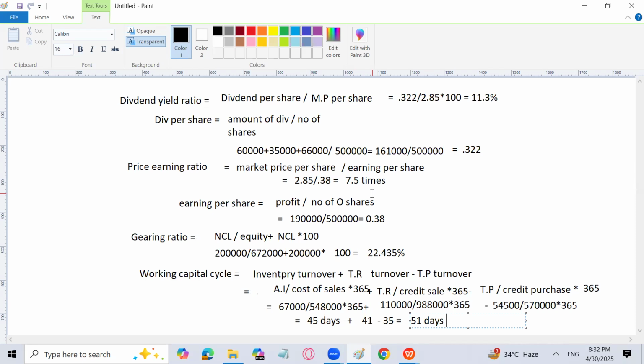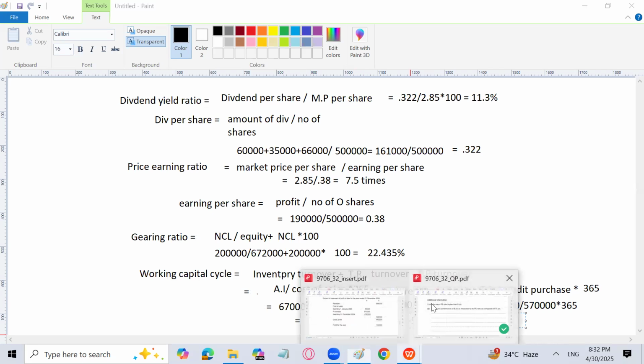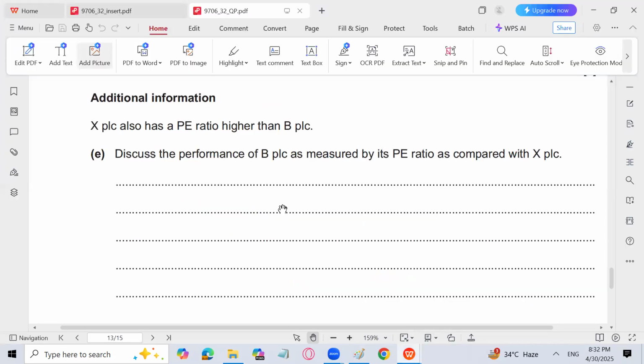It means that people have more confidence in the business of X public limited company, right? So they will be more prone to purchase shares of X public limited company because they believe that X is going to grow in the future and they will have more capital profit. Their share price will increase more rapidly in comparison to B PLC. So a better price earning ratio basically shows the investor confidence and growth of the business.